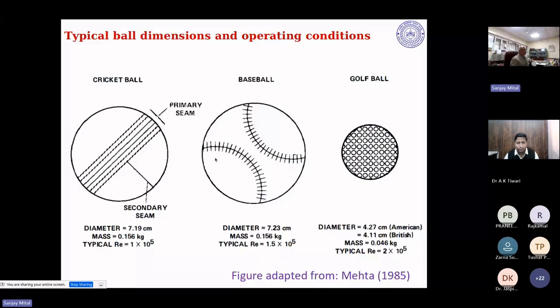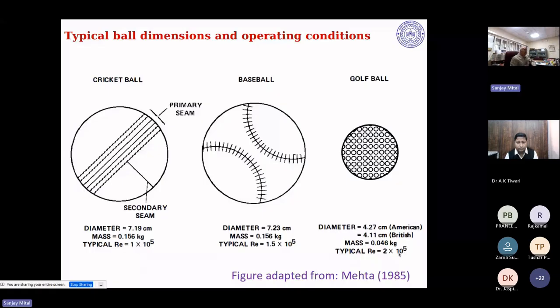But you can see two different projectiles from two different continents and very, very similar geometries and mass. Golf ball is a lot smaller, about 42 millimeters, and it has a much smaller mass, about 46 grams. But because it flies at much larger speed, the Reynolds number is still the same, about 2 into 10 to the fifth.